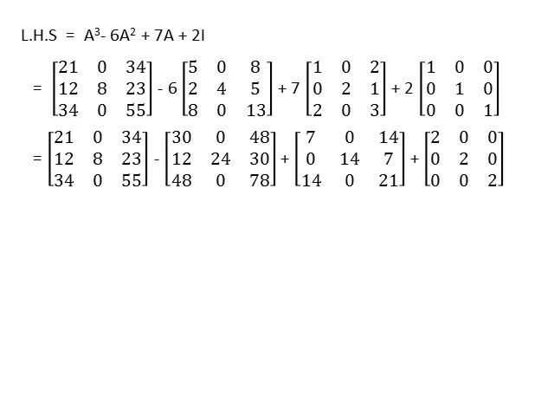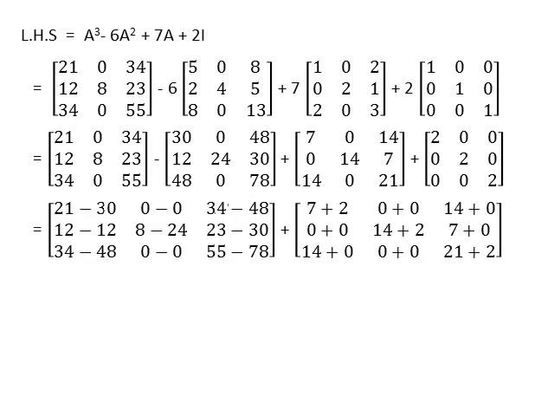In next step, we multiply the matrix A square with scalar 6. It means multiply each element of matrix A square with 6. Similarly, multiply each element of matrix A with scalar 7. Also, multiply identity matrix with scalar 2. In next step, subtract second matrix from first and add the third and fourth matrices.